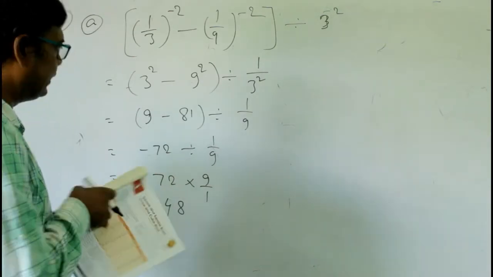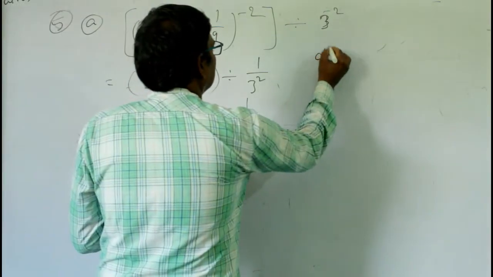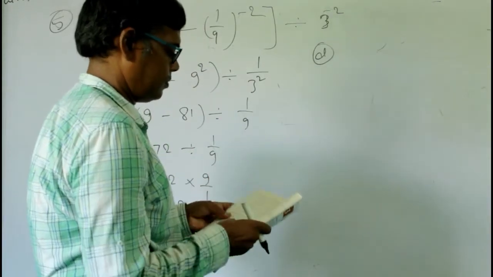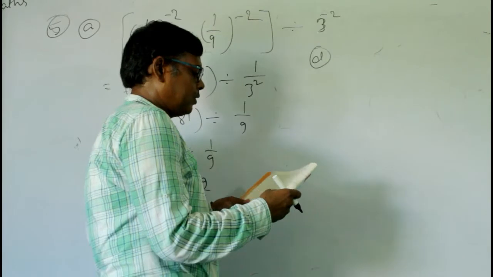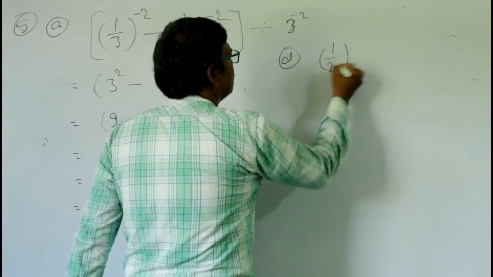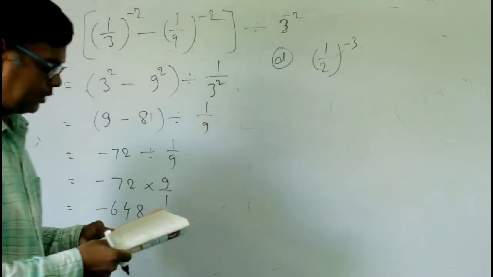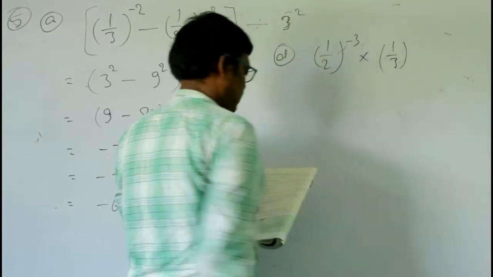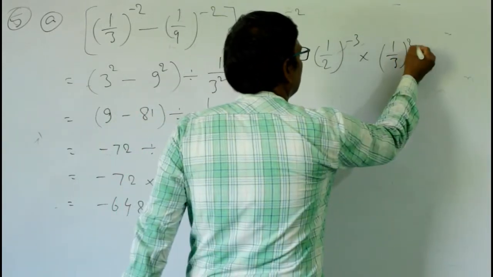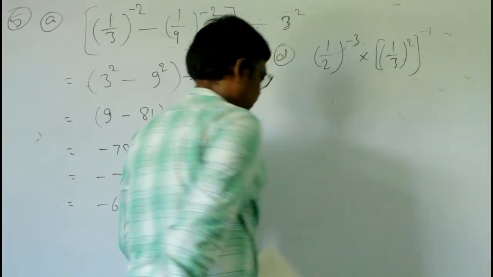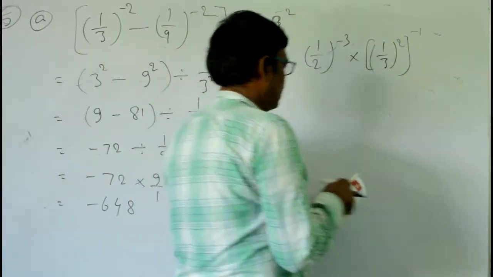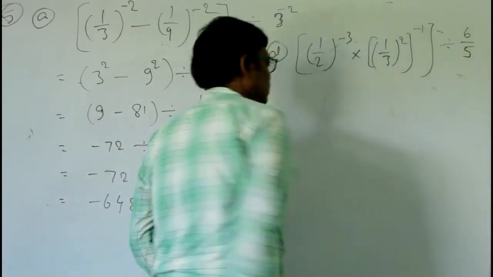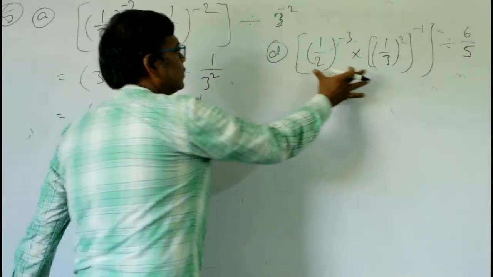Then I will do question number D. (1/2)^-3 into ((1/3)^2)^-1, and divided by 6/5. So first solve this bracket.